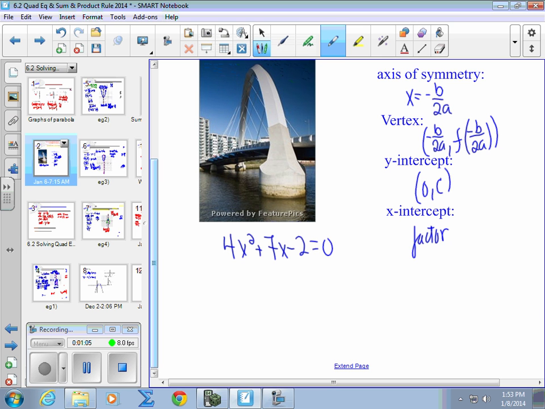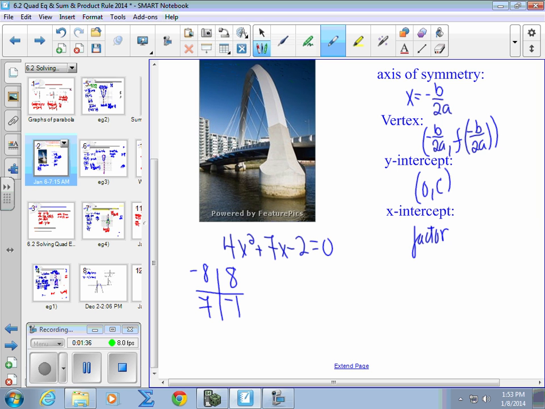So if we factor this, we would be looking for the factors of negative 8 that multiply together to give you negative 8 and add together to give you 7. So hopefully you would come up with 8 and negative 1.